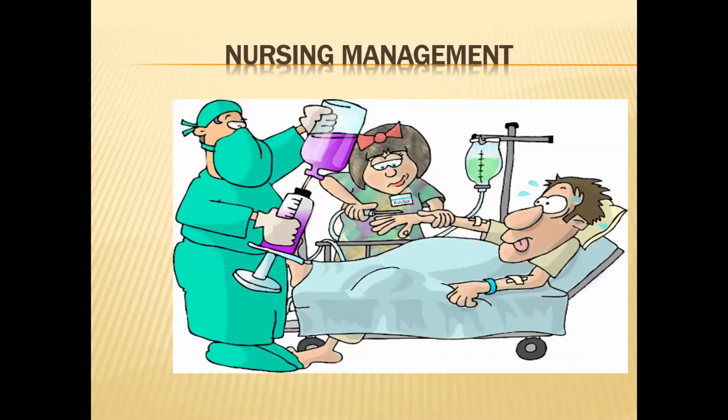Here is the nursing management, which is all based upon the clinical symptoms of the patient. If the patient has a fever above 101 or 102, we can do tepid sponging. If the patient has shortness of breath, we can start O2 therapy to maintain the oxygen saturation.